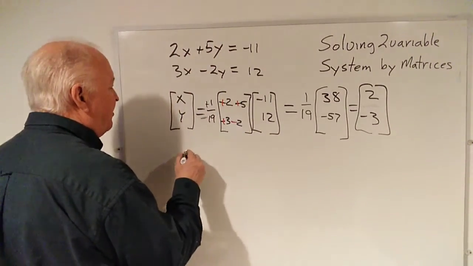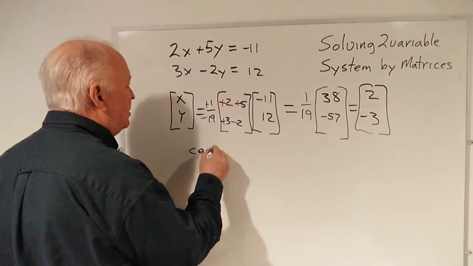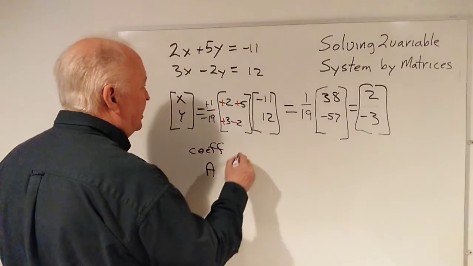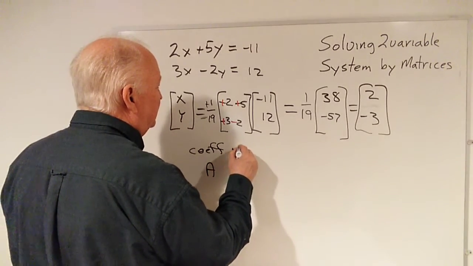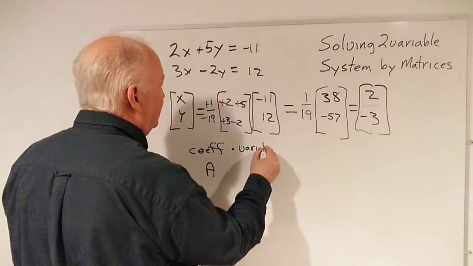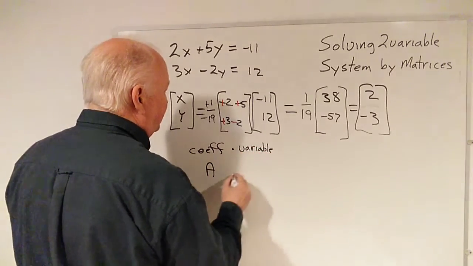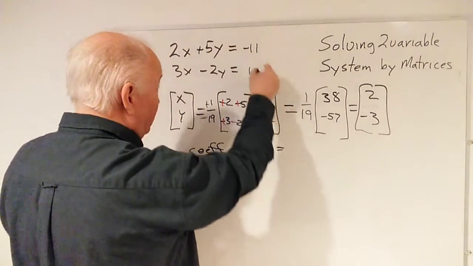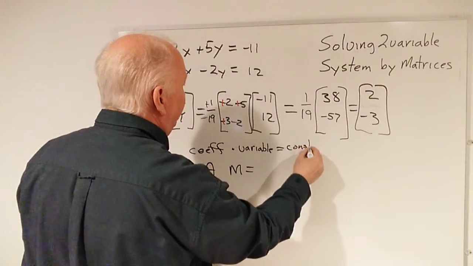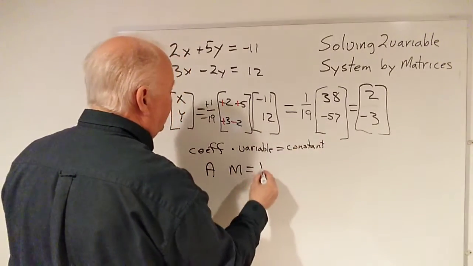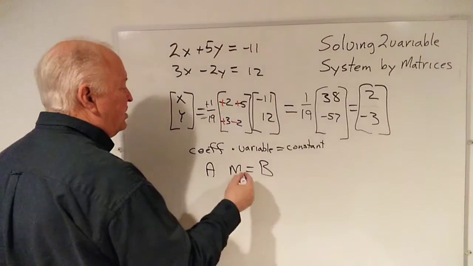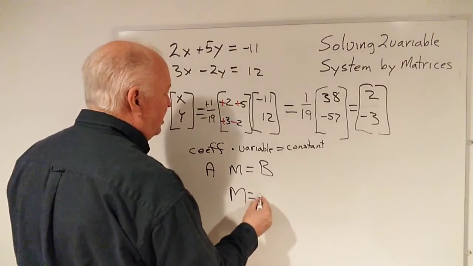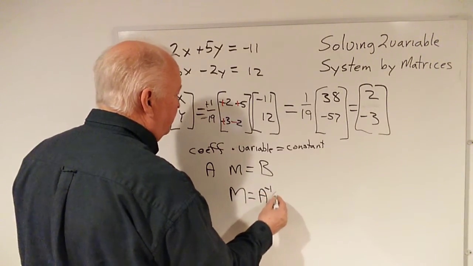We have the coefficients matrix, which I'll call A, times the variables matrix, which I'll call M, equals the constant matrix, which I'll call B. And so to find the solution, I simply cancel A by using its inverse, and so I have A inverse B.